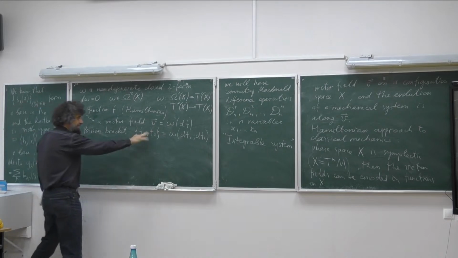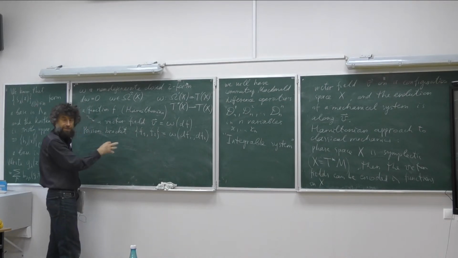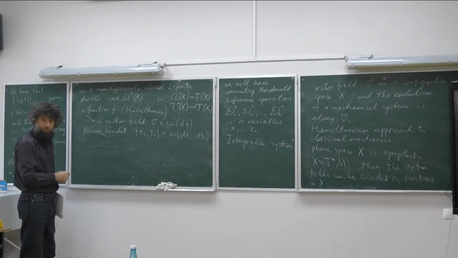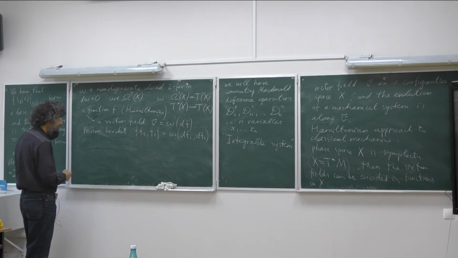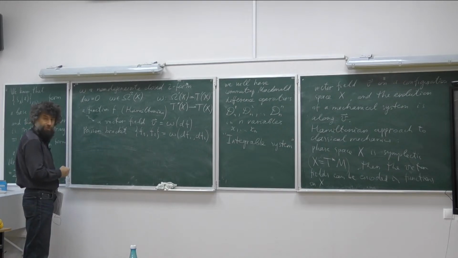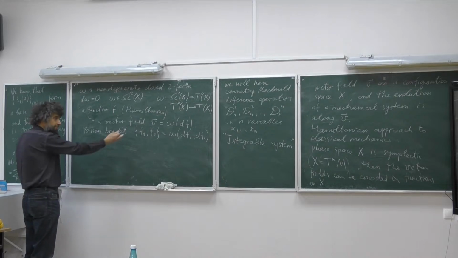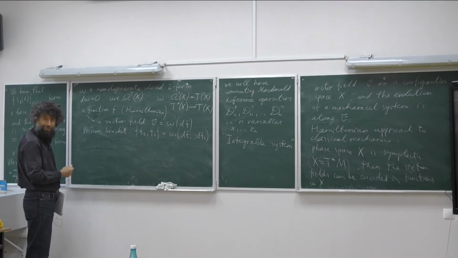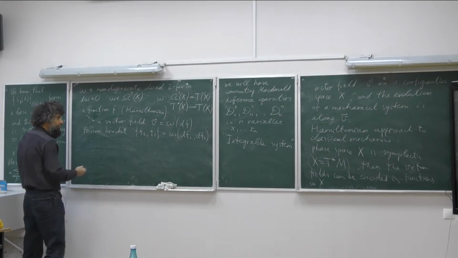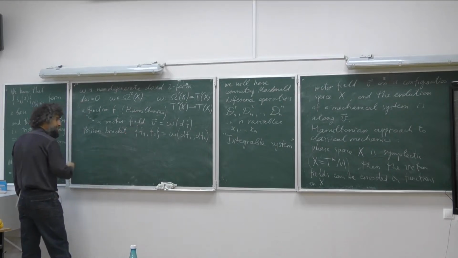So it's anti-symmetric and satisfies the Jacobi identity with the usual product. The whole thing is called a Poisson structure on the commutative algebra of functions. So there's commutative multiplication and a Lie bracket. Together they satisfy the Jacobi and Leibniz rule, and this is called a Poisson algebra.